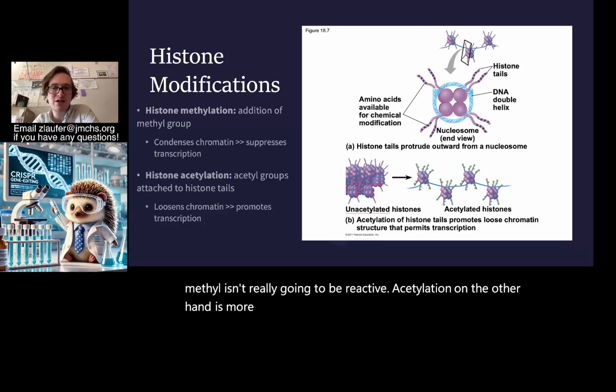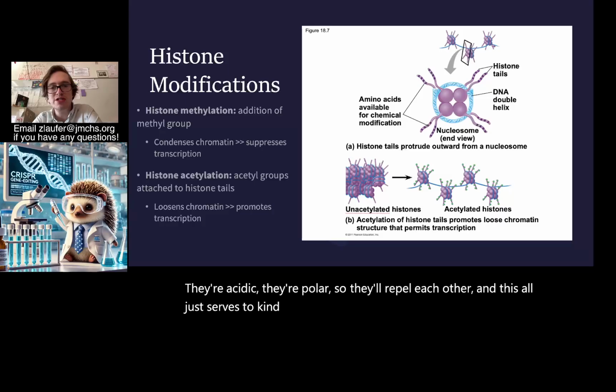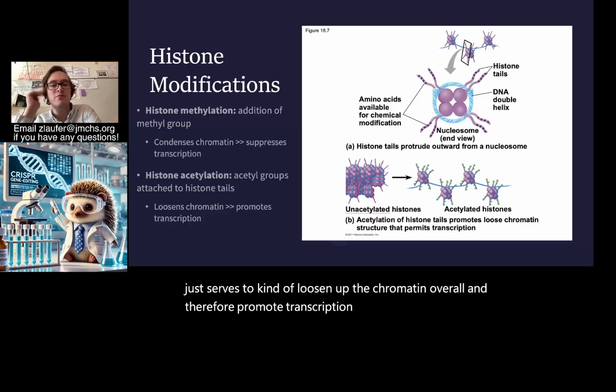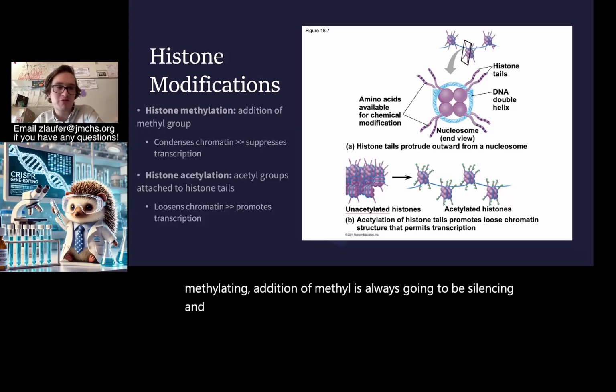Acetyl groups are COOH. They're acidic, they're polar, so they'll repel each other, and this all just serves to loosen up the chromatin overall and therefore promote transcription. So in general, just think of methylating, addition of methyl, is always going to be silencing, and acetylation will be promoting.